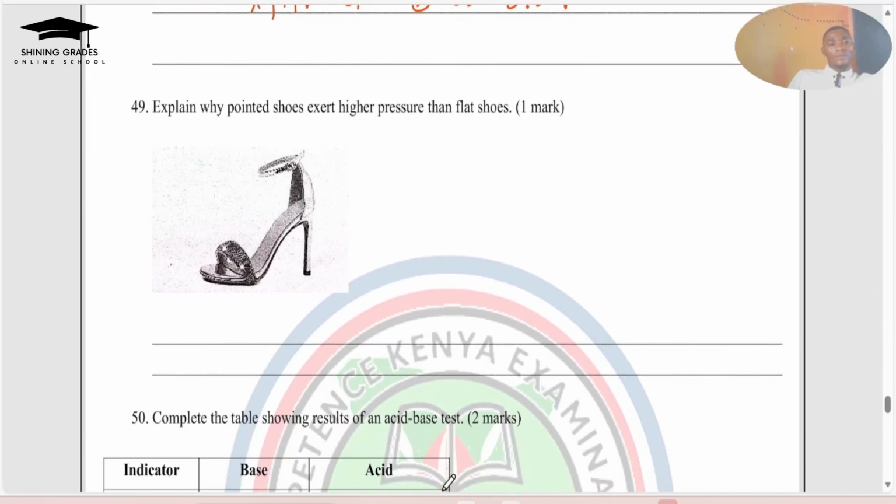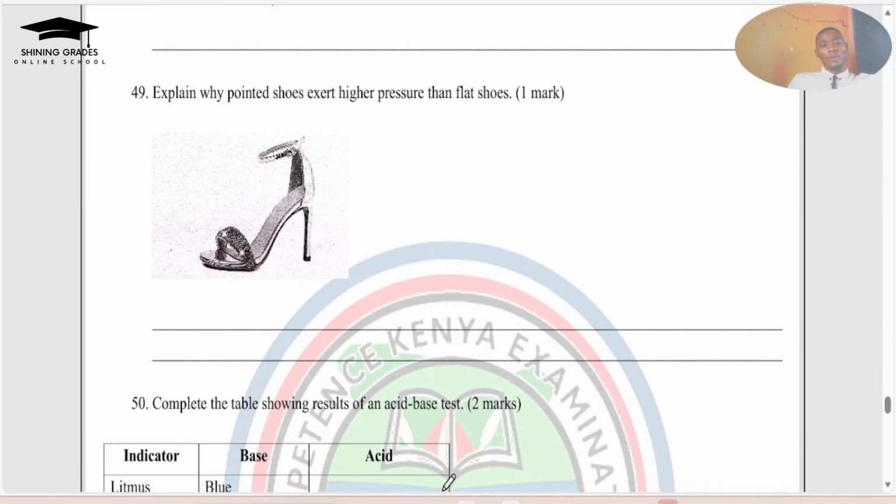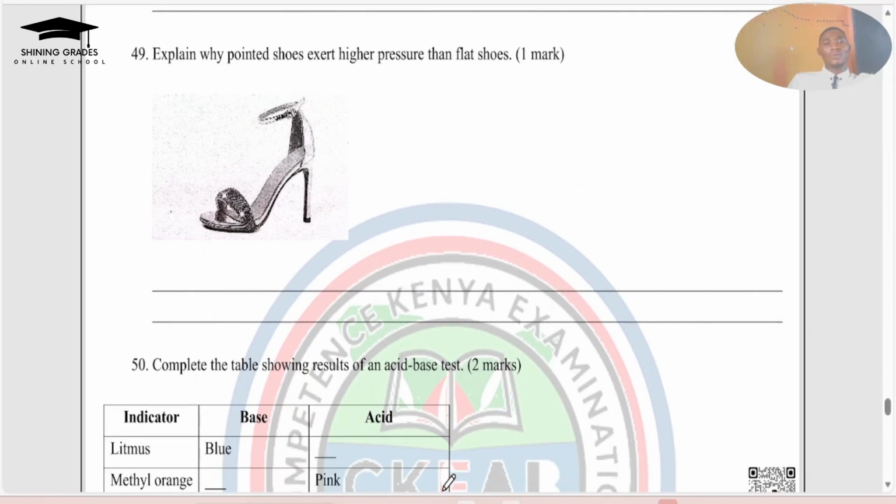Question 49. Explain why pointed shoes exert higher pressure than flat shoes.